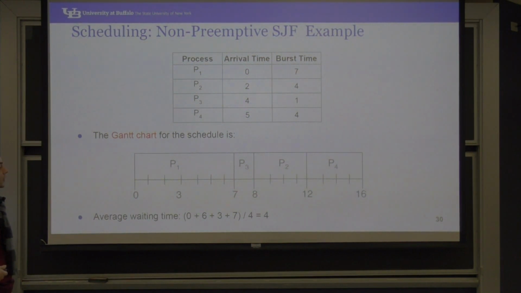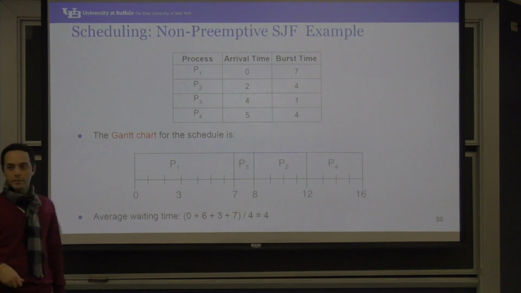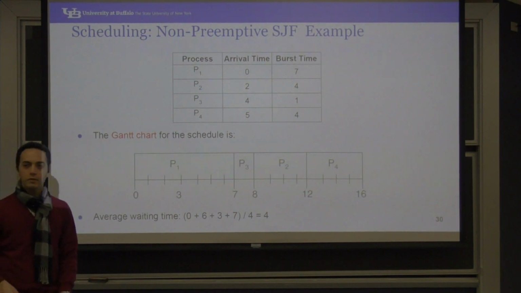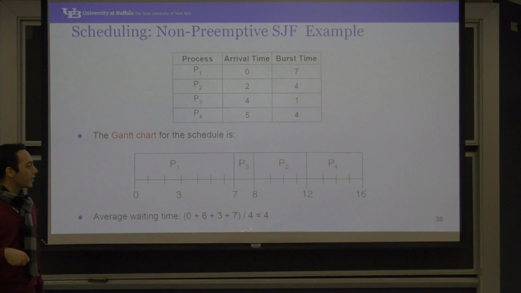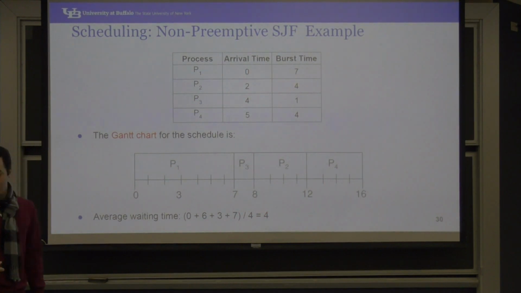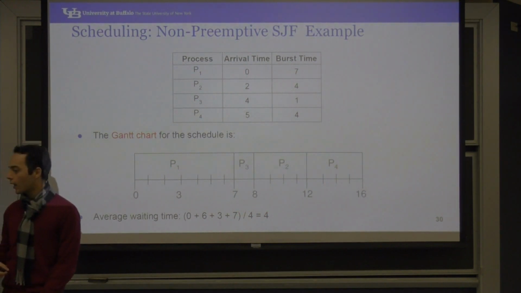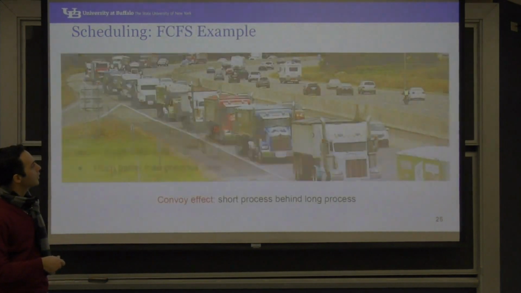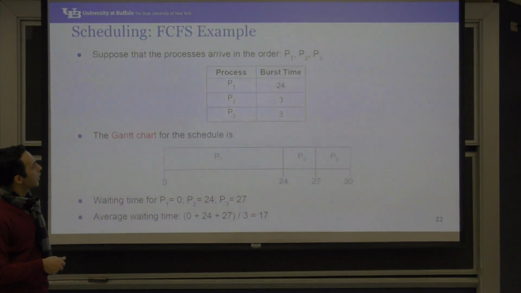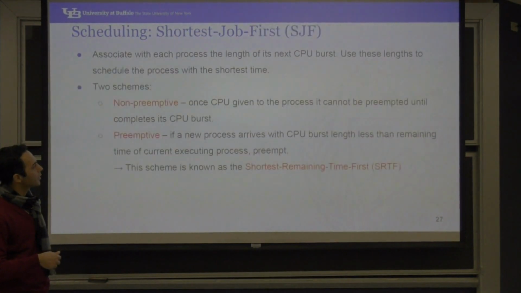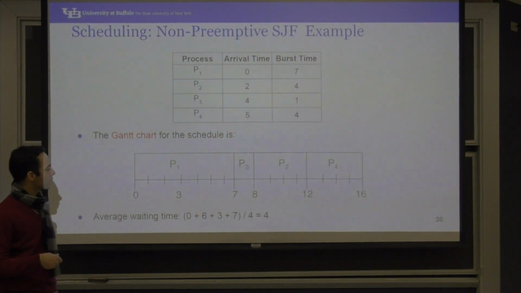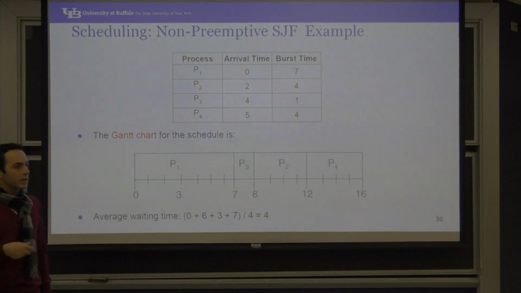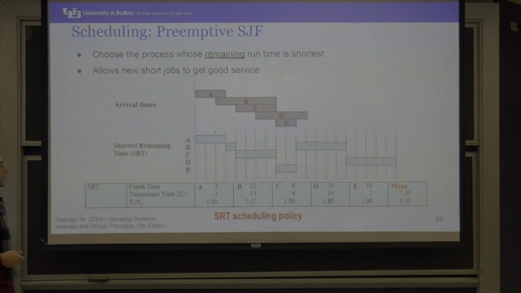From 4 to 7 is 3. From 5 to 12 is 7. Right? Don't make the mistake that I did. So you divide it by 4, and now the average waiting time is 4. But the average waiting time basically gets minimal.